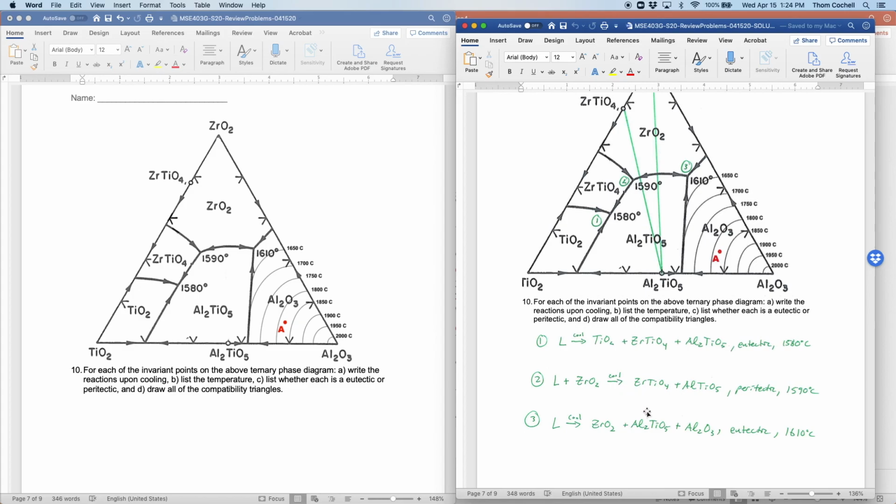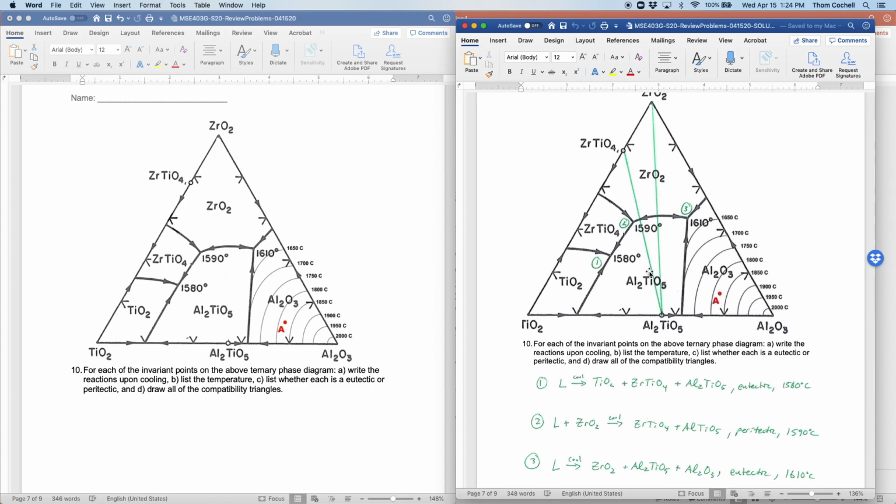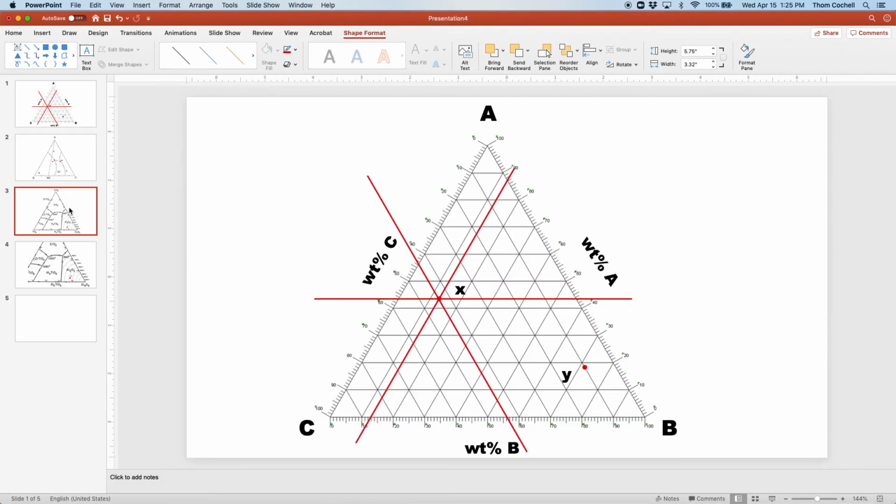So going from the 3 solid phases and using the point here as the composition of the liquid, we can construct 2 crossing tie lines where we have liquid here, and then we also have the composition of ZrO2, and so those crossing along with the ZrTiO4 and the Al2O4. So let me draw that real quick for you because that one's a little difficult to see. So let's go to the PowerPoint again.